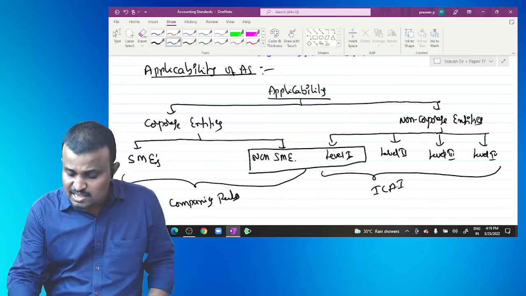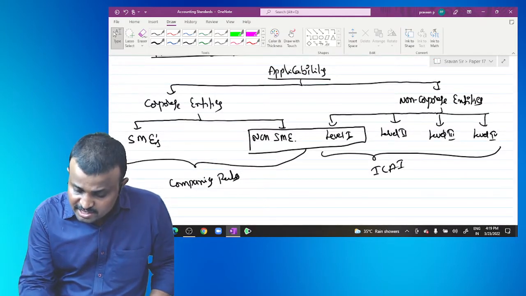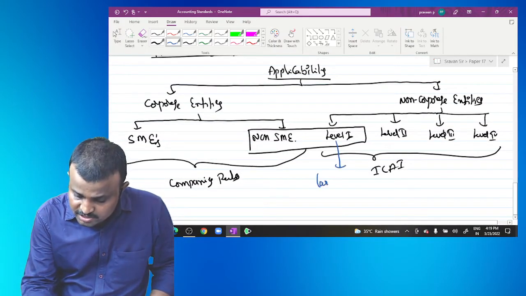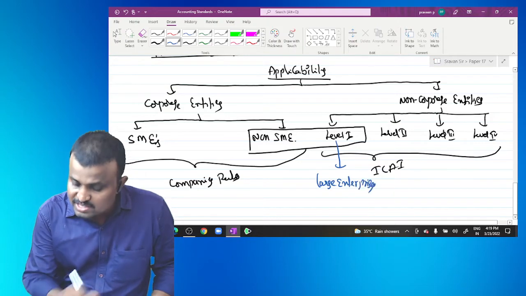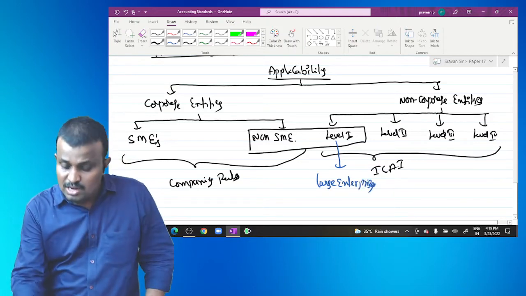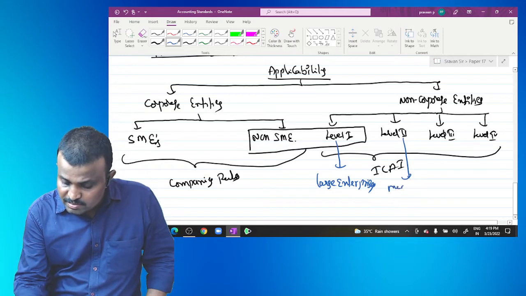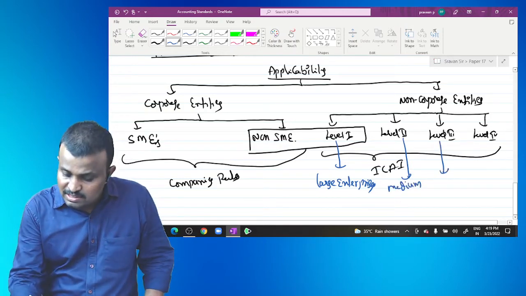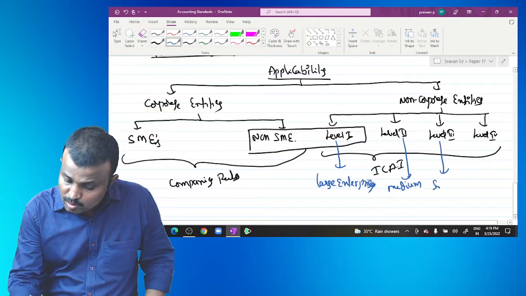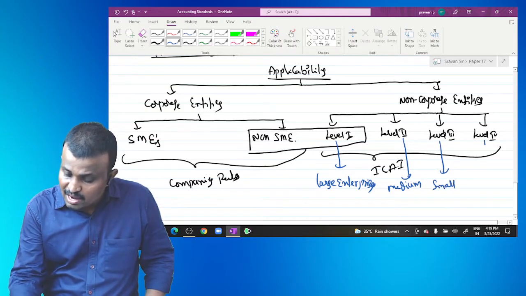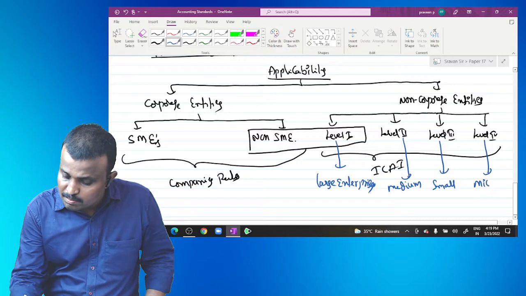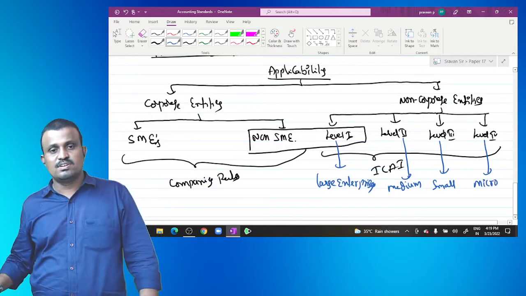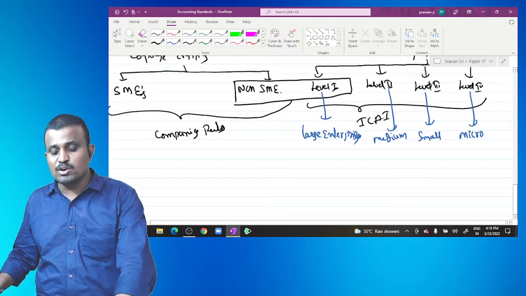Generally, level 1 enterprises are treated as large enterprises, level 2 as medium enterprises, level 3 as small enterprises, and level 4 as micro enterprises.